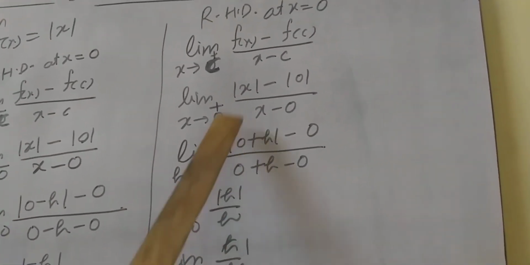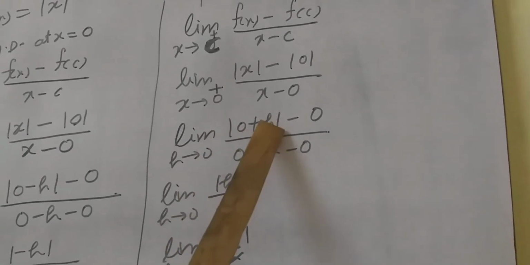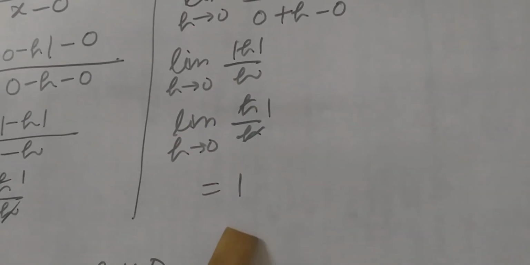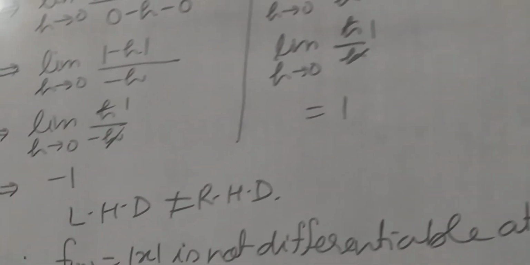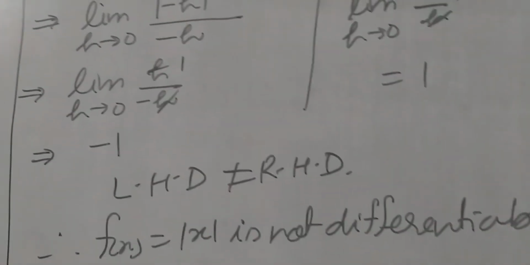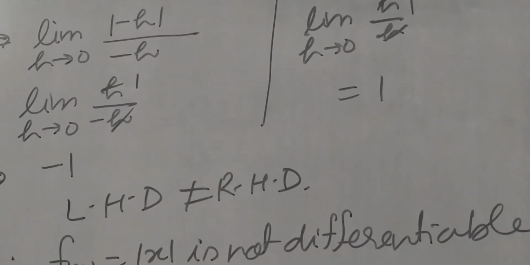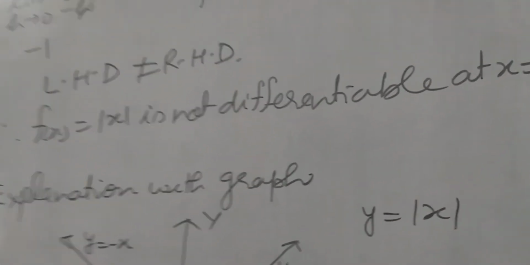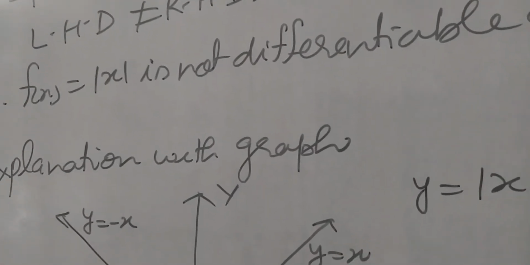Limit x tends to 0, at the place of x we have to write 0 plus h minus 0 upon 0 plus h minus 0. So it will be mod of h upon h. Mod of h equals h. The h cancels. So left hand limit is minus 1, right hand limit is 1. LHD is not equal to RHD. So f(x) equal to mod of x is not differentiable at x equal to 0.